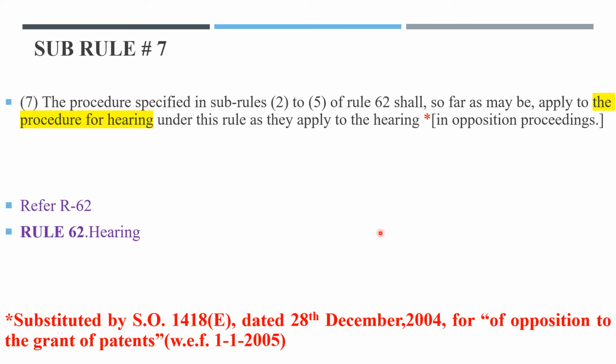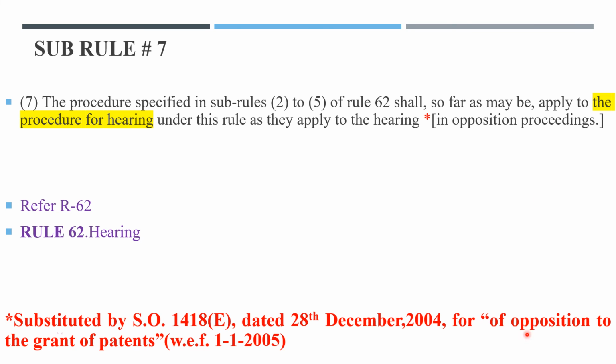So for this please refer rule 62, and the title for rule 62 is hearing. And here there is a single star mark. This indicates the words inside the square brackets are substituted by SO 1418E dated 28 December 2004 for "of opposition to the grant of patents" with effect from 1st January 2005.